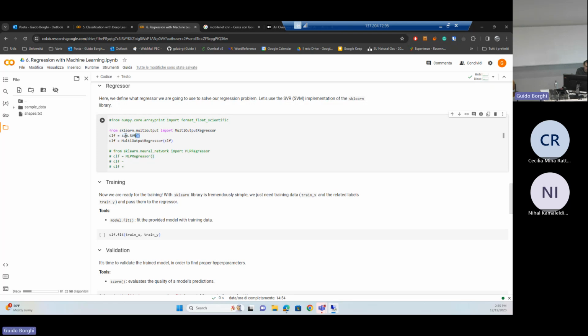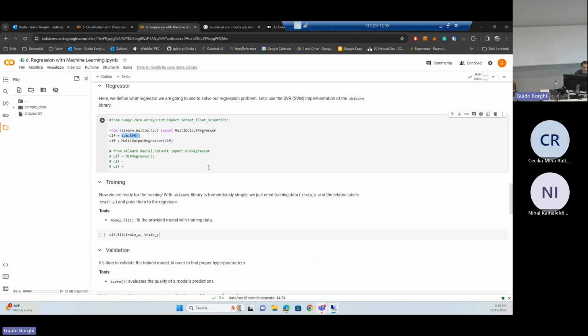With this regressor, we can predict in output only one value. So if we want to output more than one value, we need the multi-output regressor method available in the scikit-learn package.